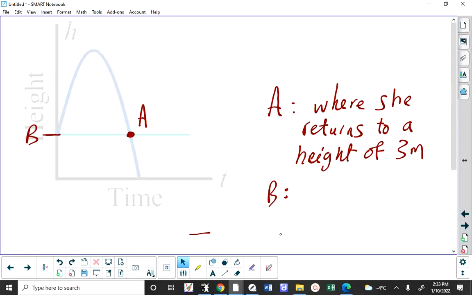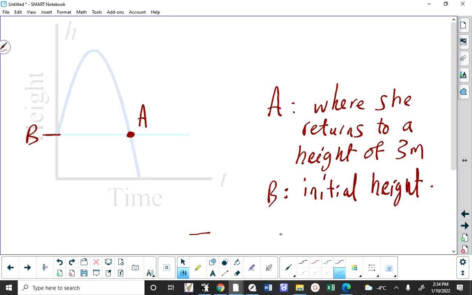Come on, you guys. Seamus. No, Brody. Right, her initial height. The height of the diving board, her initial height. Lots of ways to put it. I'm just going to put initial height. But you could certainly write the height of the diving board.